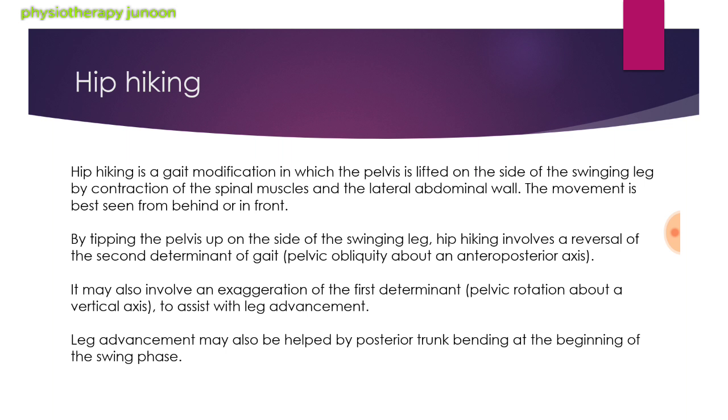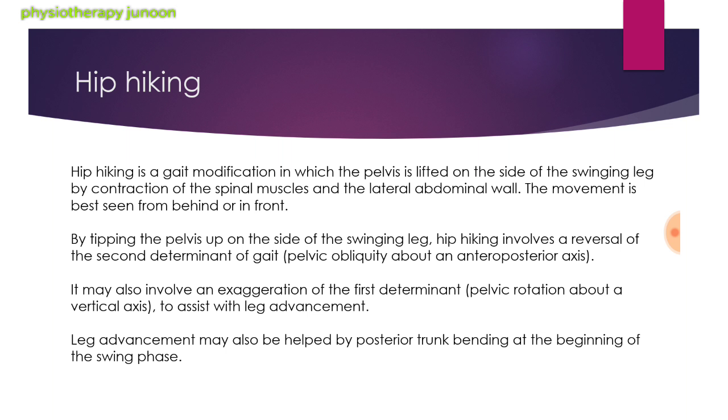It may also involve an exaggeration of the first determinant, pelvic rotation about a vertical axis, to assist with leg advancement. According to the manual by New York University in 1986, hip hiking is commonly used in slow walking with weak hamstrings, since the knee tends to extend prematurely and thus makes the leg too long towards the end of the swing phase.